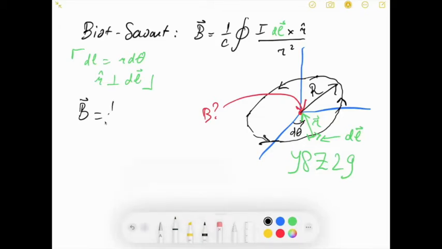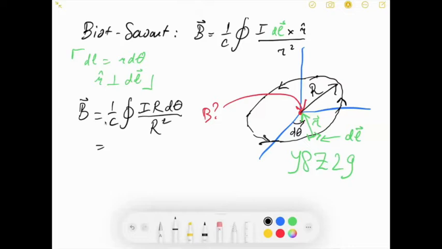So we have a 1 over C, and we still have I, and now we're integrating over theta, obviously, and we need R dθ. But actually, let me change that to big R because that is important. And then over R squared because it's going to be on the circle.